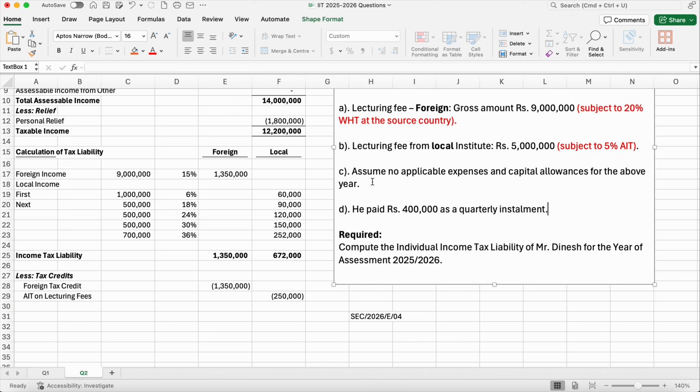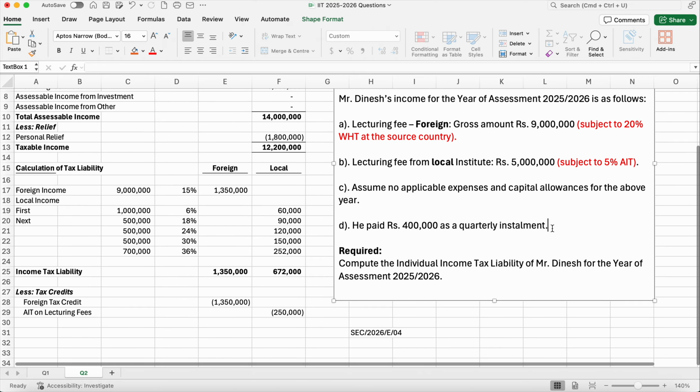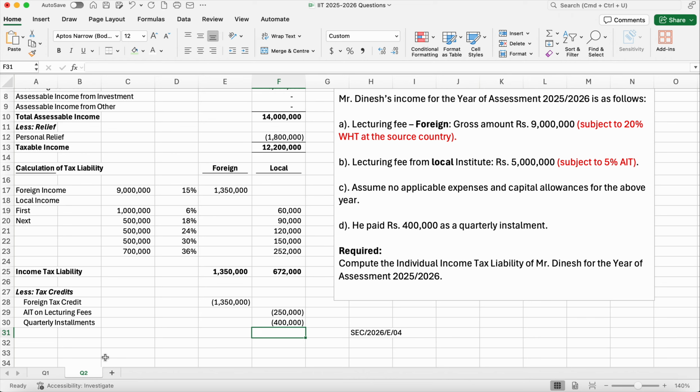Yes, this is an assumption, these two done, right? So only he paid 400,000 as quarterly installment. So quarterly installment, how much? 400,000. Quarterly installment 400,000, right?